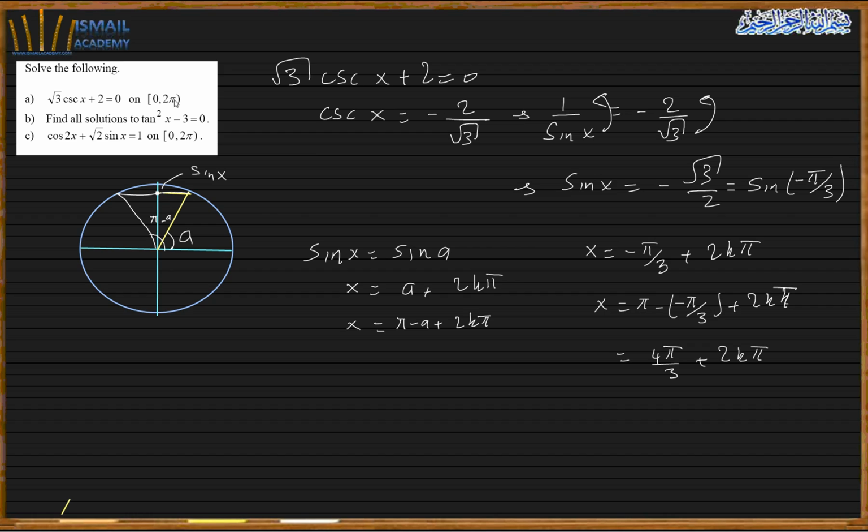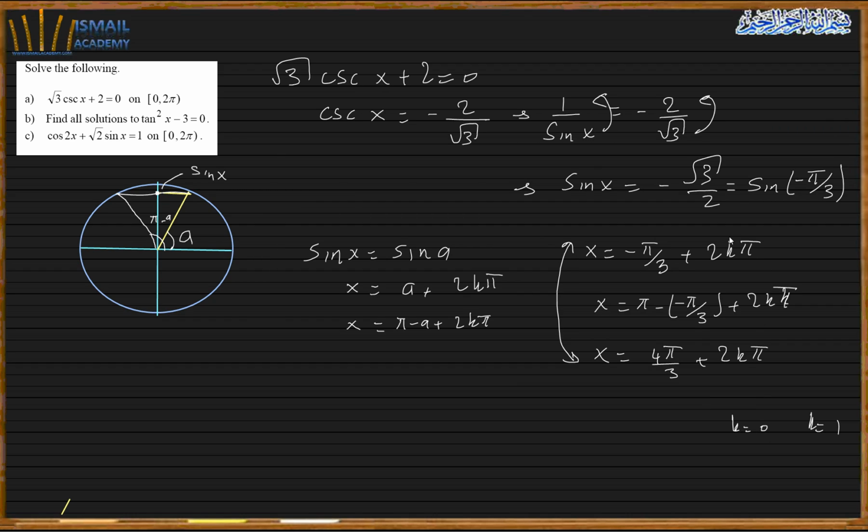But here they ask me between 0 and 2 pi. That means this is the general solution. So when they ask for between 0 and 2 pi, I choose k equal 0 and k equal 1, plug those into both answers, and check which one is less than 2 pi.